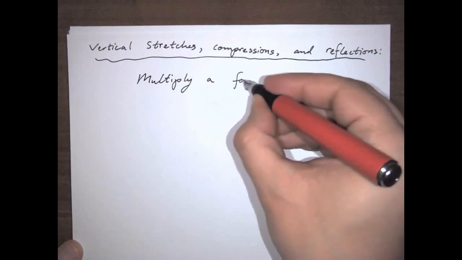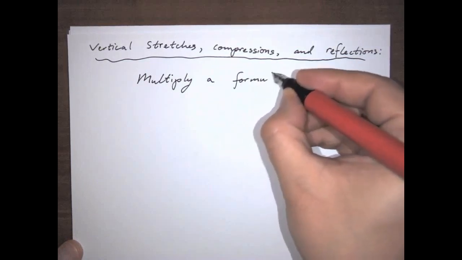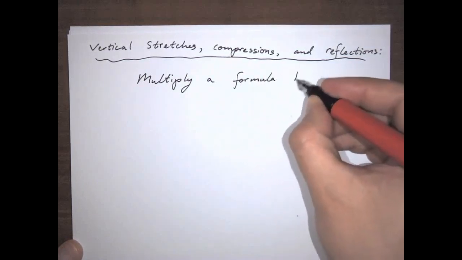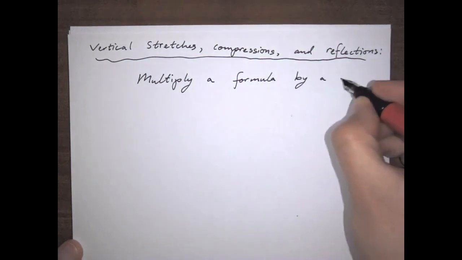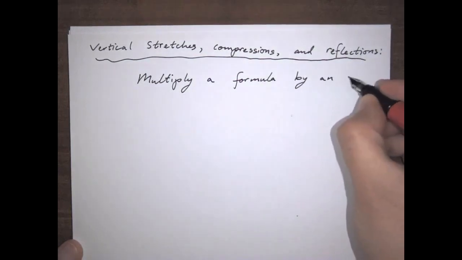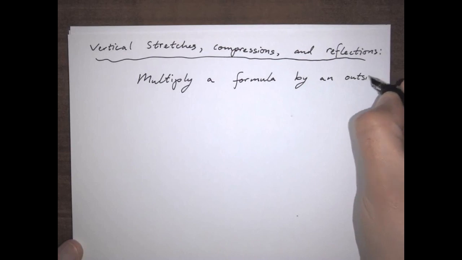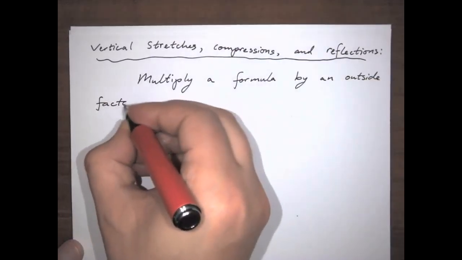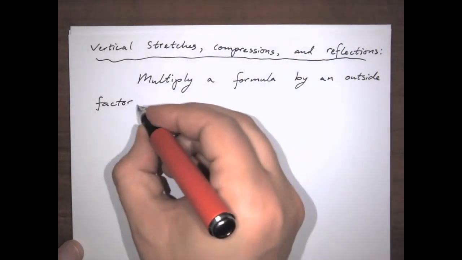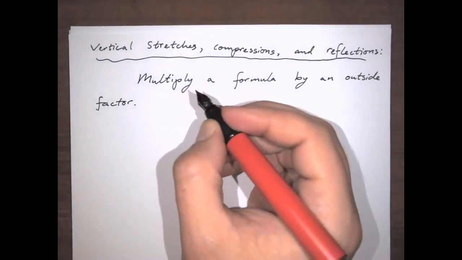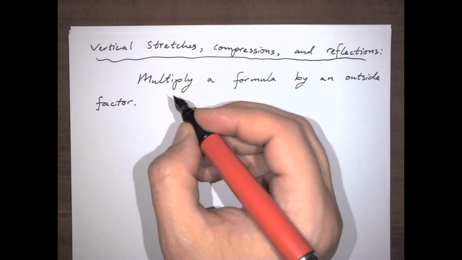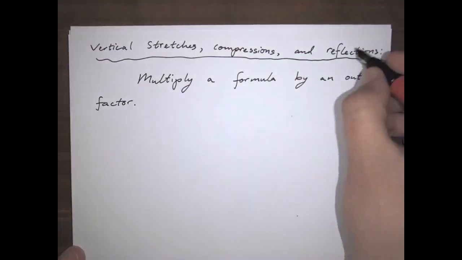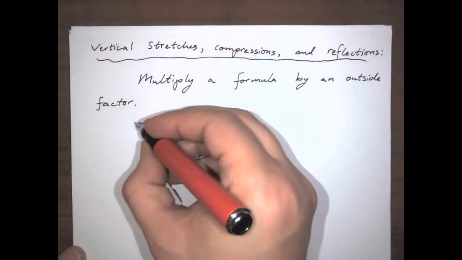Multiply a formula by an outside factor. Now, if that outside factor is negative, then that's going to mean a reflection. If it's positive, then that means it won't.